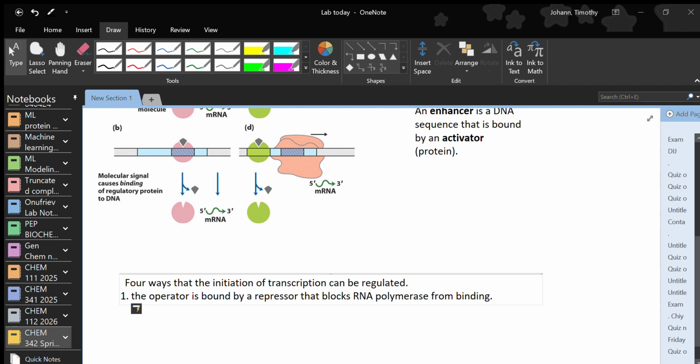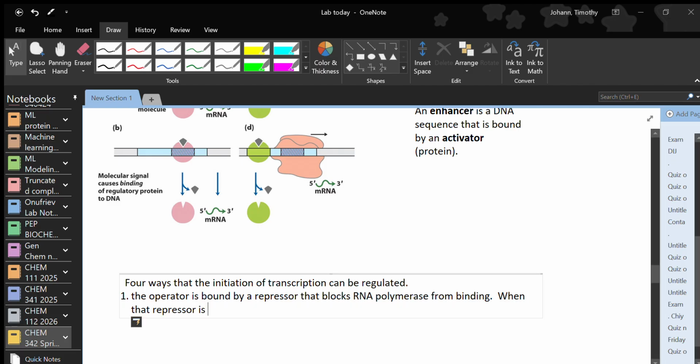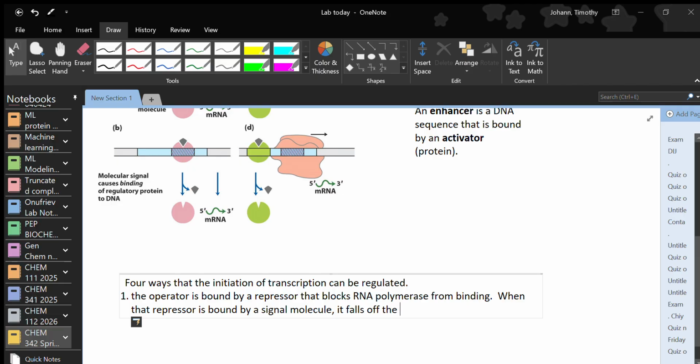When that repressor is bound by a signal molecule, it changes shape and it falls off the operator, and then RNA polymerase can bind.